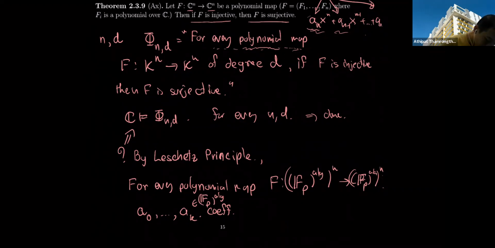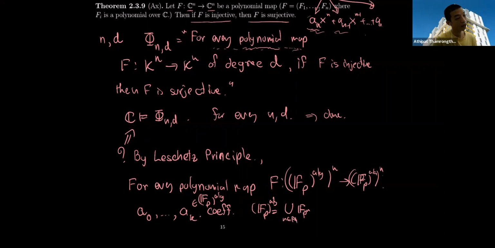But by the construction of the algebraic closure of the finite field of characteristic p, it is the union of the finite fields F_{p^n}, so there exists an n large enough such that a_0 up to a_k are all in F_{p^n}.